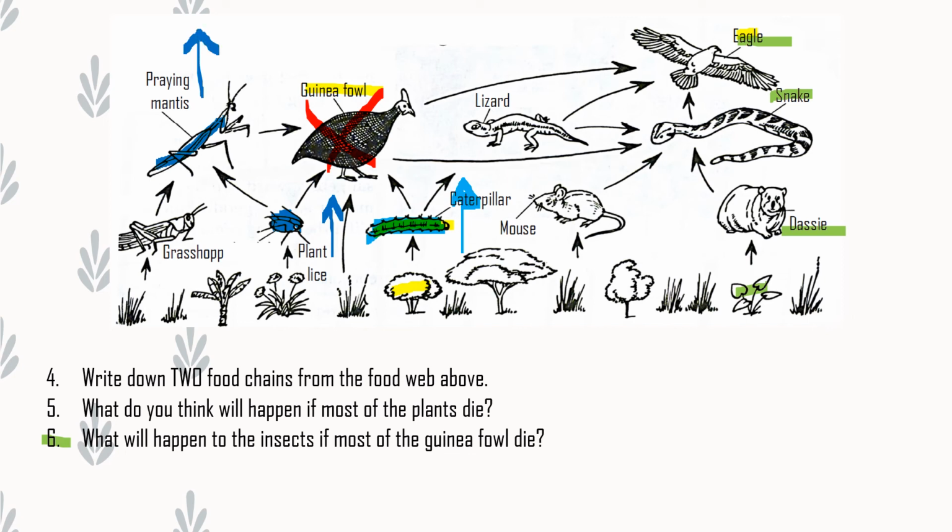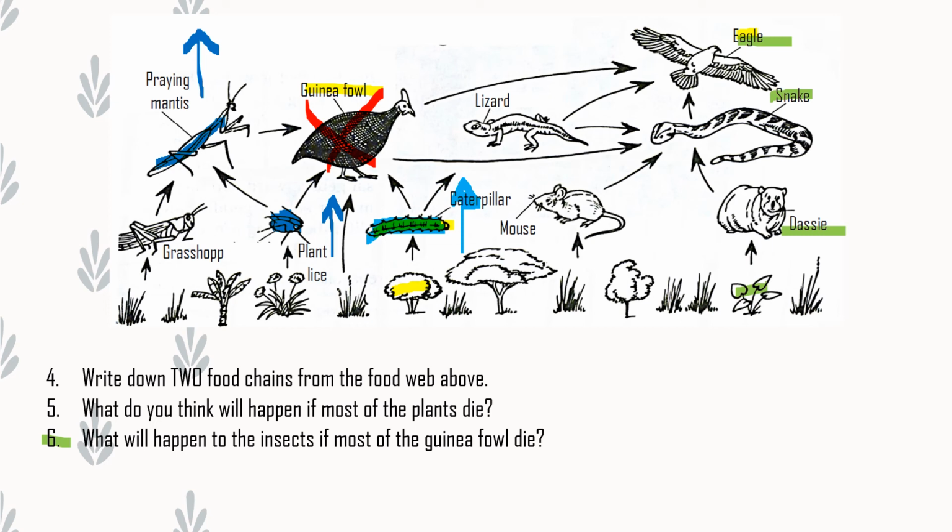But now if we look at going into a next level, since the praying mantis levels are larger, they are going to eat the plant lice. If you can follow the food chain, the praying mantis will eat the plant lice, so there's more plant lice, there's more praying mantis, so that is perfectly fine.